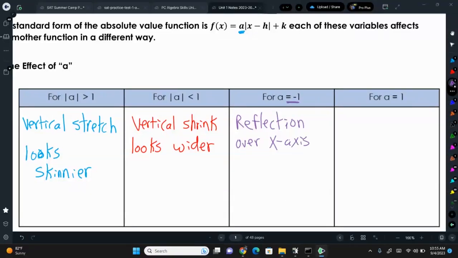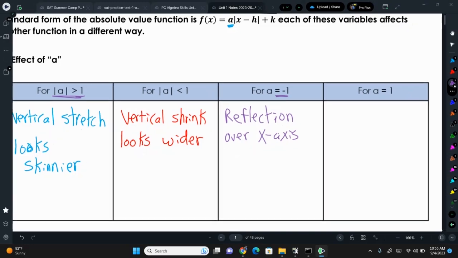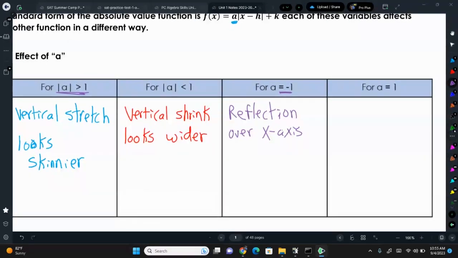And we could combine that. We could have a be -2, which would be a vertical stretch because 2 is bigger than 1, and a reflection because a is negative. And if a is just regular 1, there is no shrink or stretch or reflection.